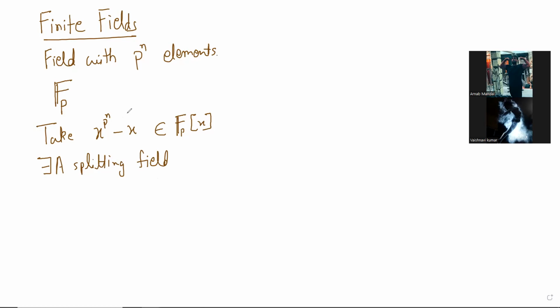Okay. So you are looking for a field extension. You're looking for a field that contains Fp such that in that field, this polynomial, seen in that polynomial ring, completely splits into linear factors.